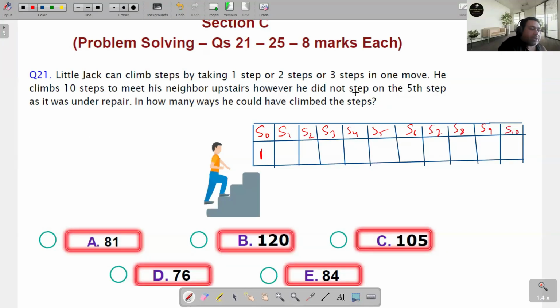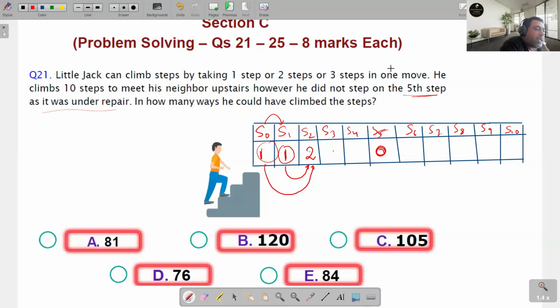Now, there's one more condition given here, that he cannot step on the fifth step. The fifth step he cannot reach at all, so there's no way to reach there. So the number of ways over there is going to be 0. We plug in the 0 in advance. All right. Now, step 1, he can come only from here, so it will be one way to reach here. Step 2, he can either take a one-step move here or he can take a double-step move here. So you add these two ways. You get 2.